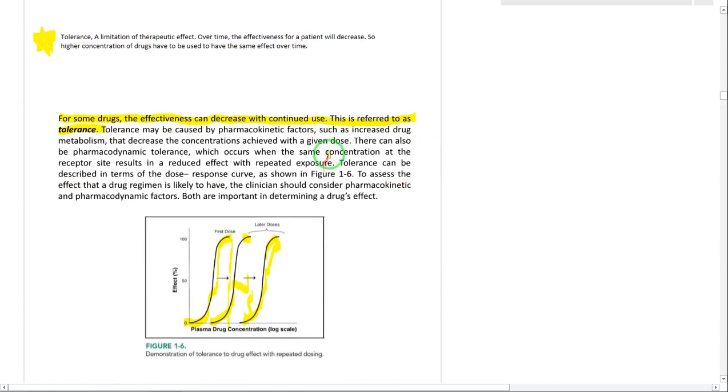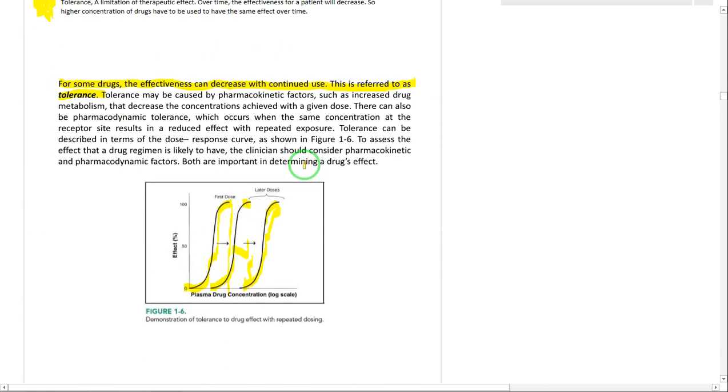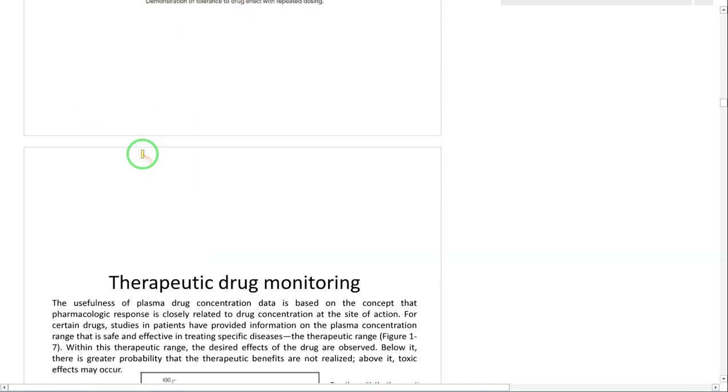So you see here, if we are administering the same drug many times, the concentration of drug to reach that effectiveness has to be increased. So it is highly affected by tolerance.